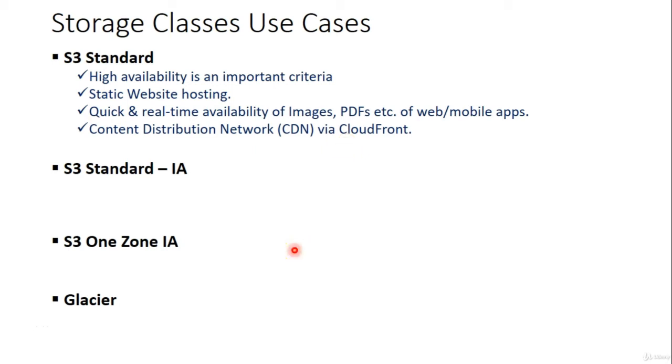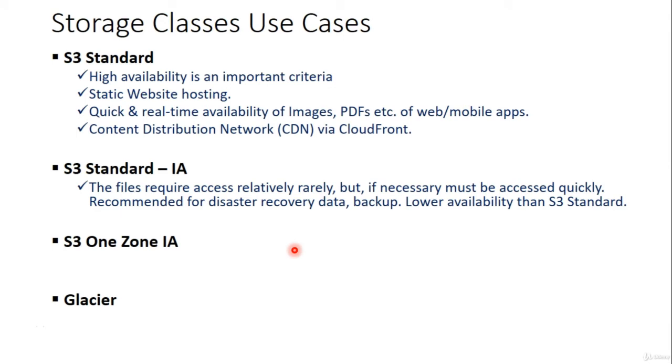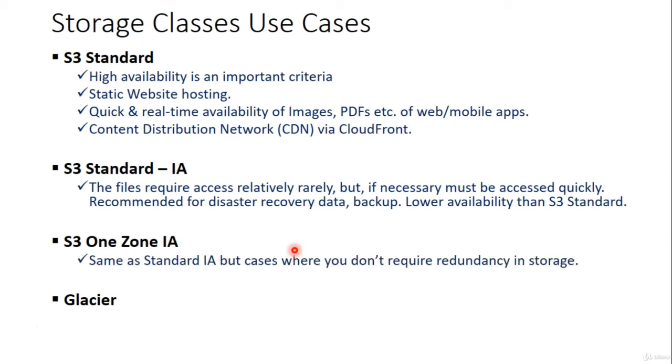Now let us go to S3 Standard IA. Here the files require access relatively rarely, but if necessary must be accessed quickly. Recommended for disaster recovery, data backup. Lower availability than S3 Standard. We have already seen this. S3 One Zone IA is the same as S3 Standard IA, but here you don't require redundancy in storage.